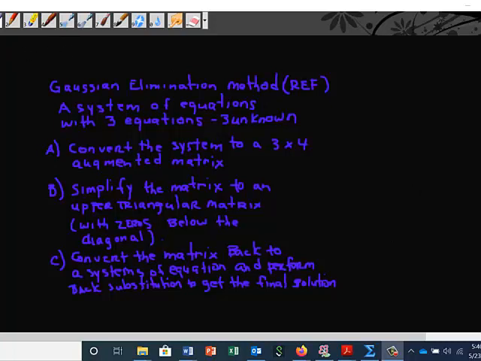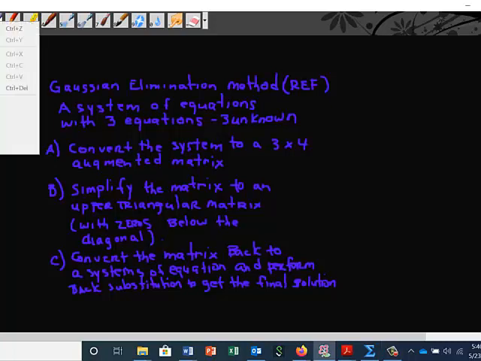So let's look at a problem. So basically what we want to do is write 2x plus y plus z is equal to -2.